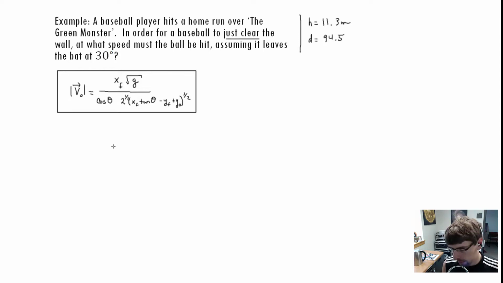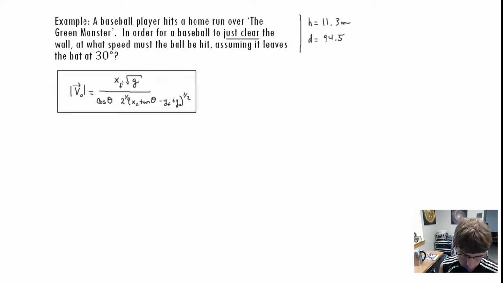Let's think, for example, what would we expect if the wall, x final, were really, really large? In other words, the wall is really, really far away. We would expect that the speed that you hit the ball should go up.